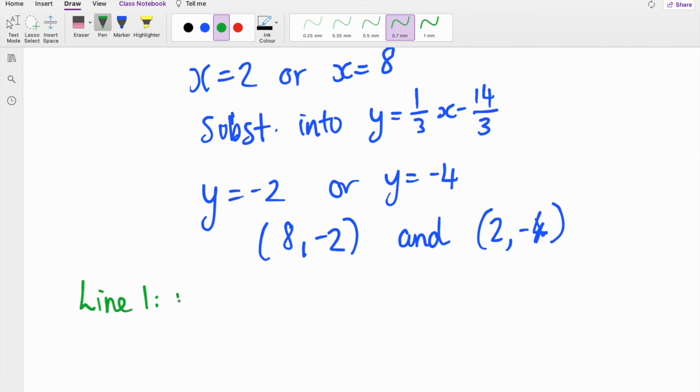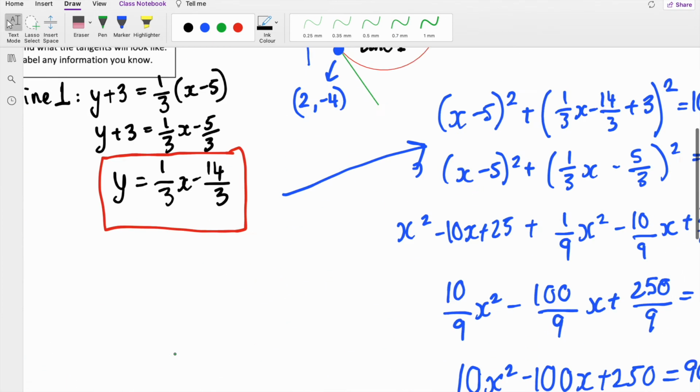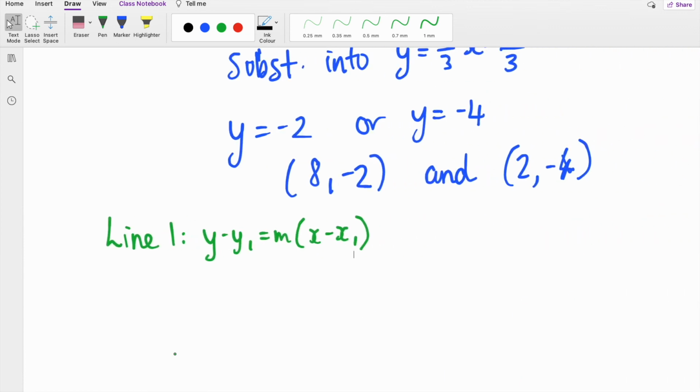I'm going to substitute them both into the equation of a straight line in this format, and then rearrange to find y equals mx plus c. Okay, so the first point is (2, −4).